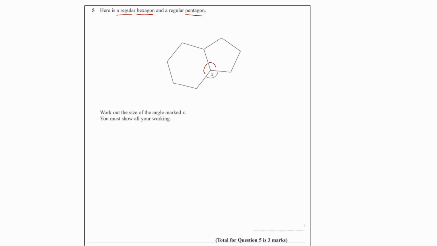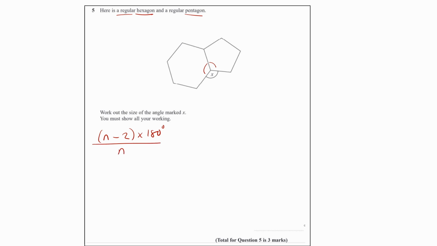I've got n, the formula I'm going to use is n minus 2 times 180. So that's going to be the sum of all of the interior angles in the shape, and I'm going to divide by n to get the actual single one.